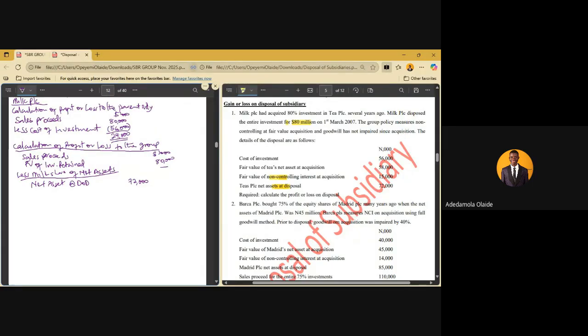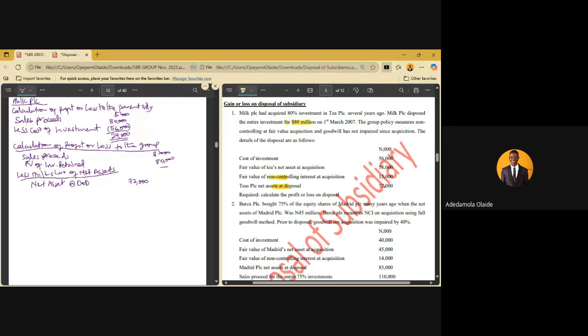So since they did not give us goodwill, they said goodwill has not impaired since acquisition, but they did not give us the value of goodwill. That means we have to calculate the goodwill ourselves. And goodwill will just be what? Yeah.